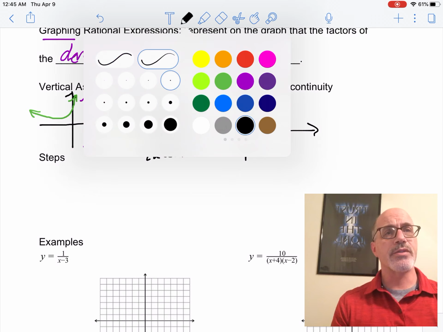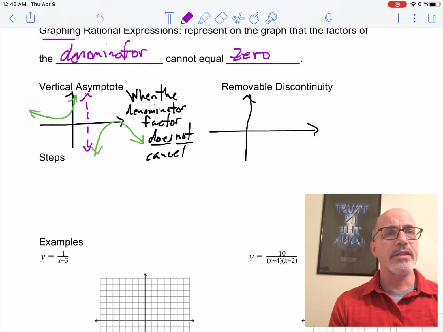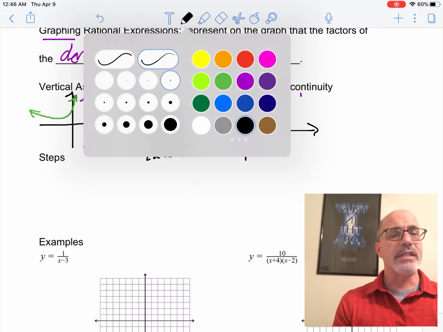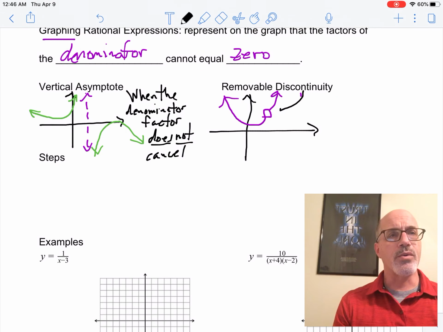So when we draw this one, let's say we draw something that looks like a parabola. Then we get to the spot where the removable discontinuity happens and we draw a hole in the graph because it skips over that spot. So you'll see what look like holes in the graph or open dots. We could call them either one.